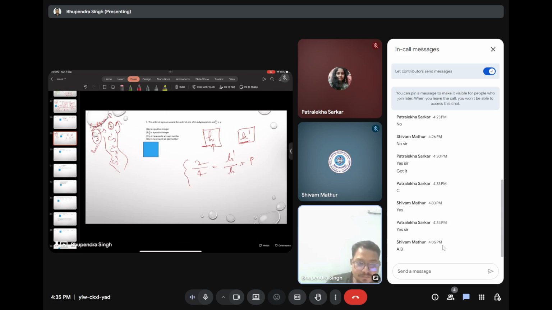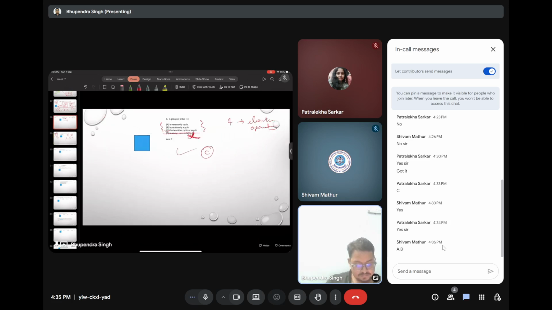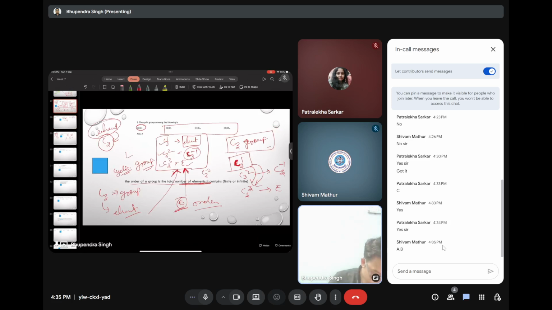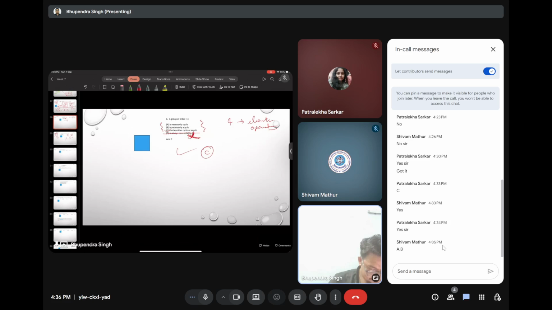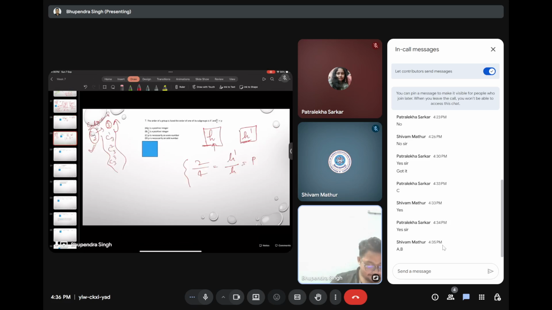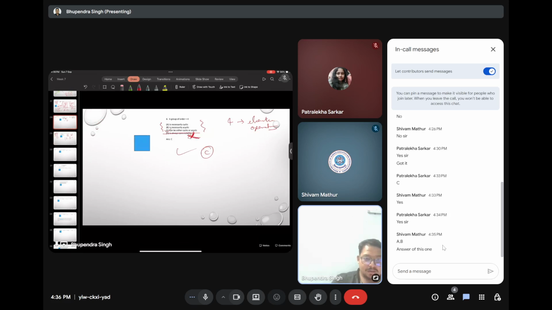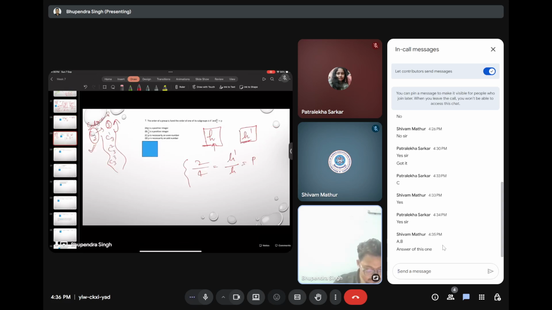Shivam is saying 1 in A and B. For which question are you saying A and B? Answer of the second question, seventh question.